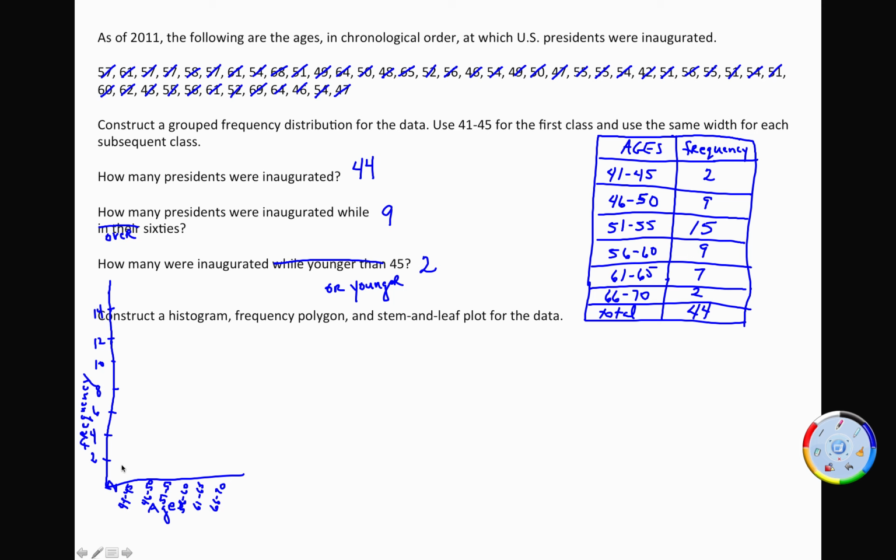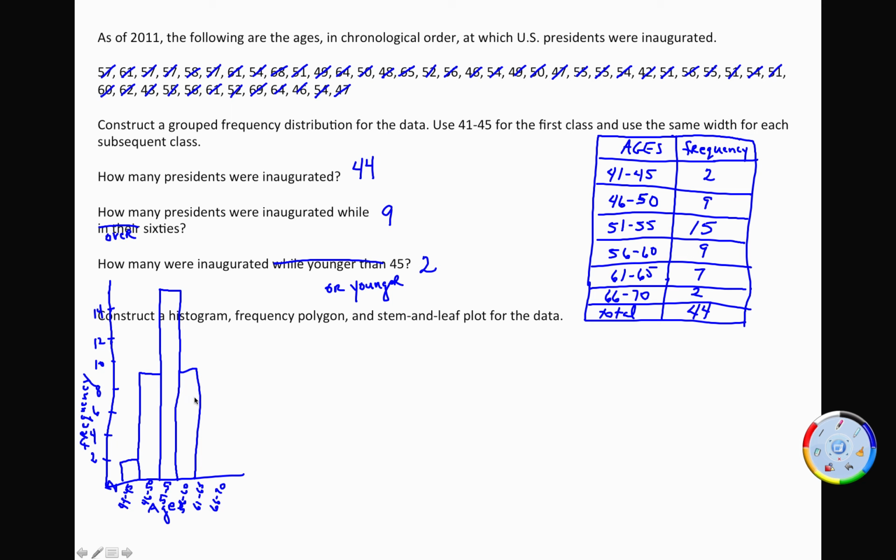And then 41 to 45, I'm just going to draw a bar that goes up to the 2. Again, my bars must touch and they must be the same width. So now I need to go up to 9, make it the same width, and then up to 15, same width, and then I've got another one at 9, the same width.